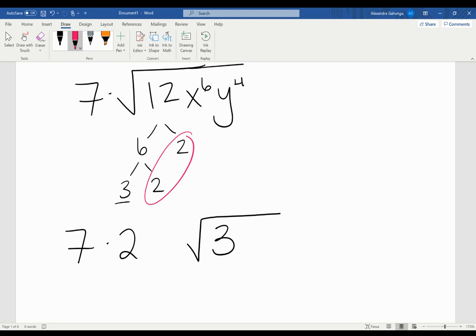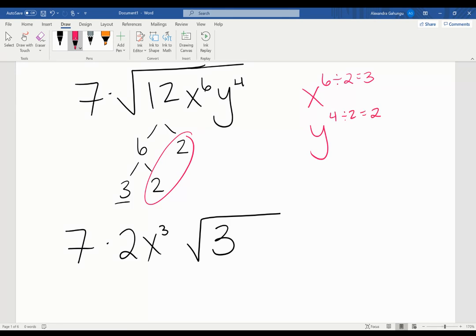Then the variables. I've got x to the 6th. The exponent, I divide by 2 to see how many are going to leave the house, how many are going to stay or remain. So I've got 3 with a remainder of 0. There's no remainder. So that means I've got 3 x's that are going to be able to leave the house. Then the y's, I take the exponent divided by 2.